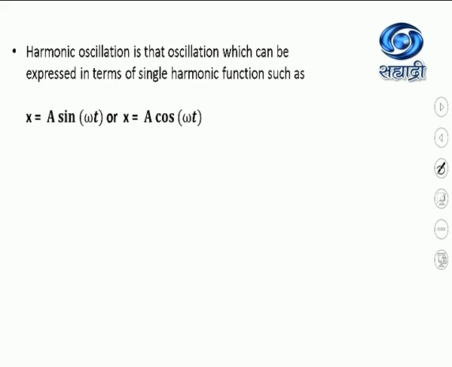When any object is performing oscillatory motion, which is obviously a periodic motion, and the displacement in such a case is expressed in terms of a single harmonic function such as x equals a sin omega t or x equals a cos omega t, then the oscillation is said to be harmonic oscillation.